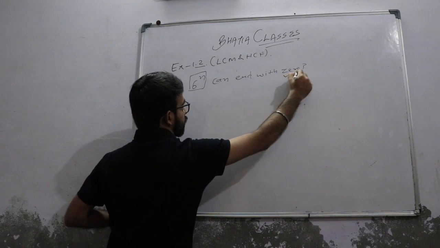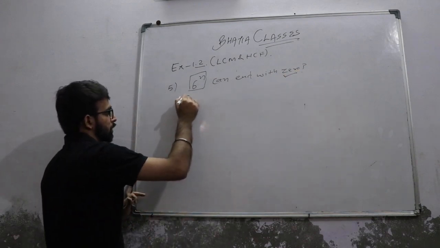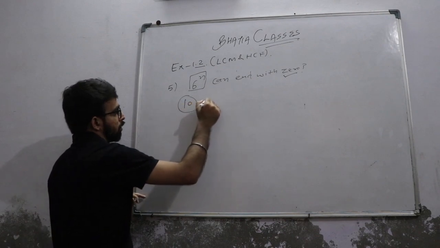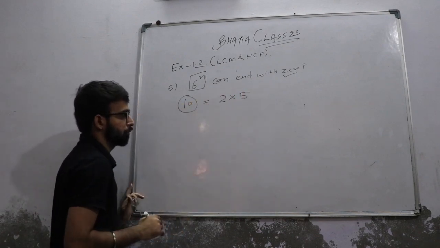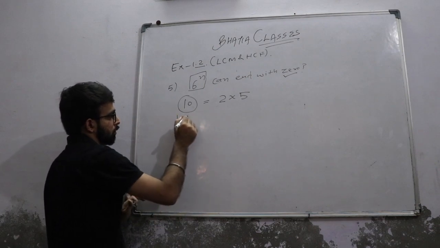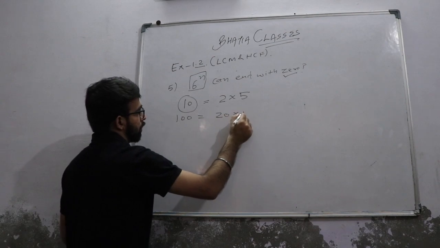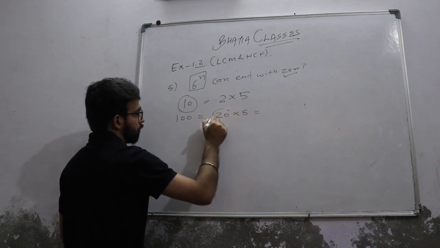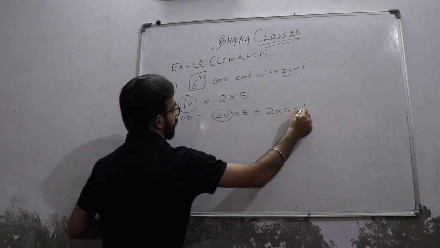We will take a simple example like 10. The prime factors of 10 are 2 and 5. 100 you can break 20 multiply 5. Now break 20, 2 multiply 2 multiply 5 multiply 5.